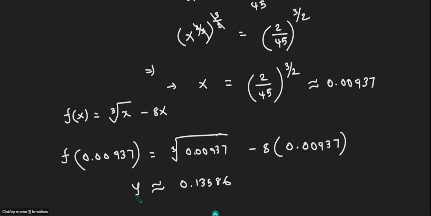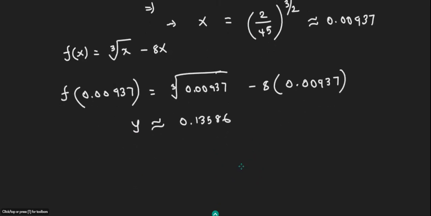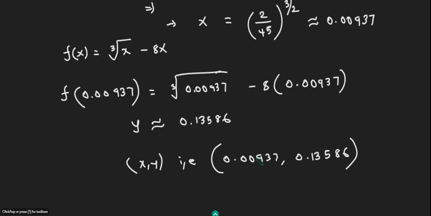So this is the corresponding y value. Therefore the point is (x, y), that is x is 0.00937 and y is 0.13586. So this is the point where the tangent line is perpendicular to the given line.